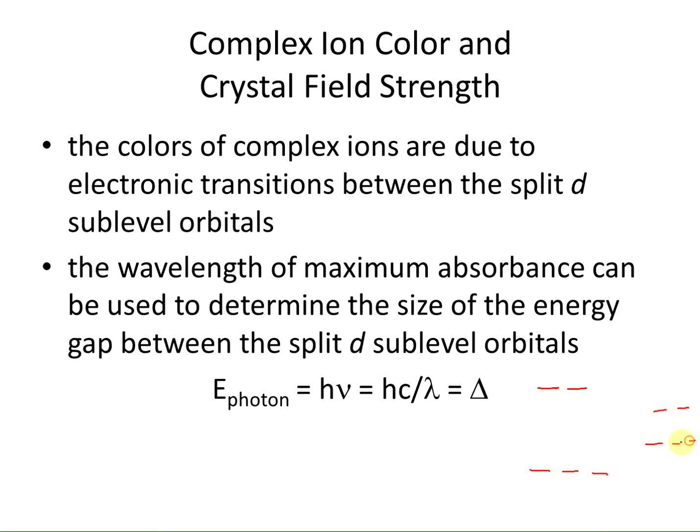If I have a big split here, I'm going to require more energy, which means a smaller wavelength of light. Whereas here, where the energy gap isn't as big, I don't need as much energy, so I can use a longer wavelength of light. And if you'll remember from our spectrum for Roy G. Biv, red light has the longest wavelength, and purple is the most energetic, and it has the shortest wavelengths.